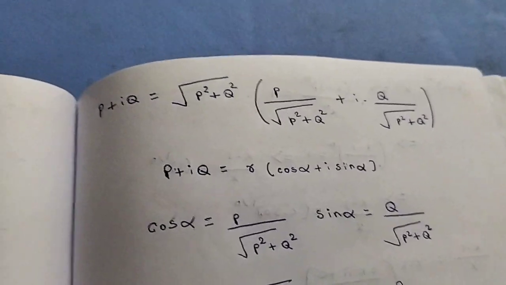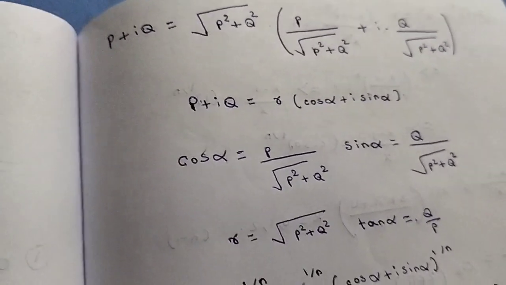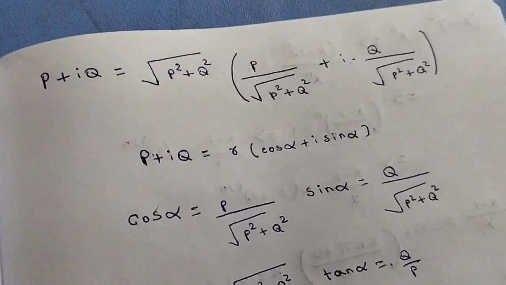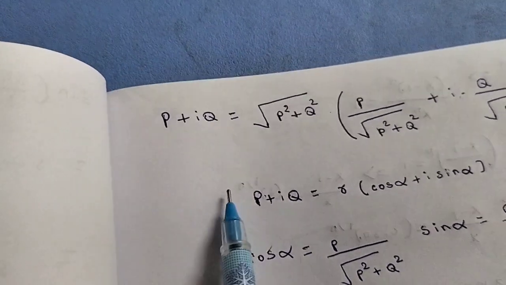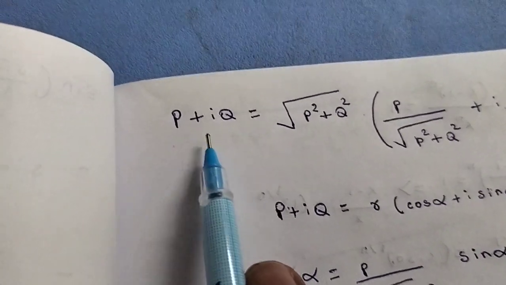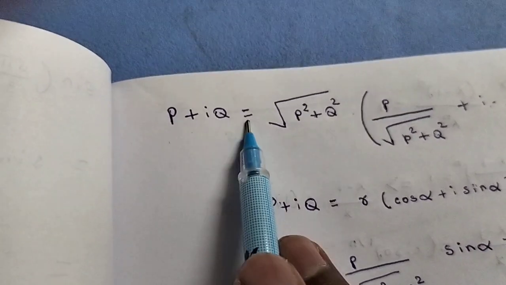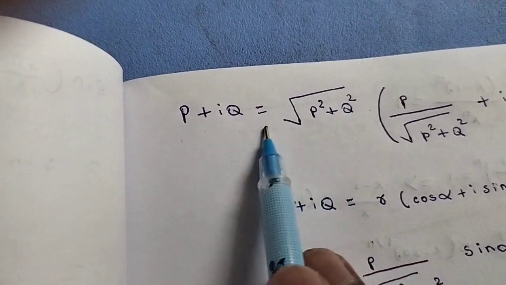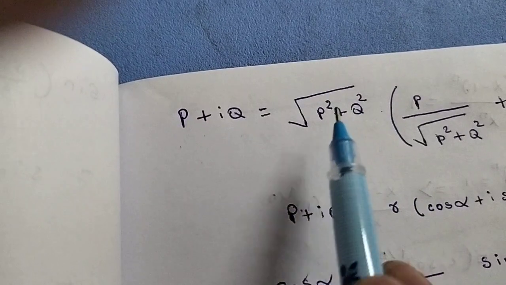I am trying to make this question simple. In the first case he is asking us to show (p + iq)^(1/n) + (p - iq)^(1/n) is equal to something.